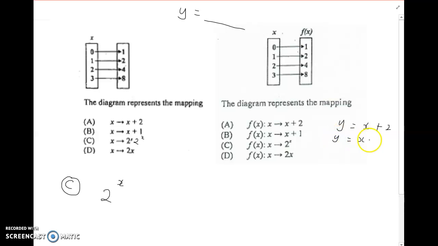Y equals x plus 1, y equals 2 to the power x, sorry, and y equals 2x, right? That was A, B, C, D.